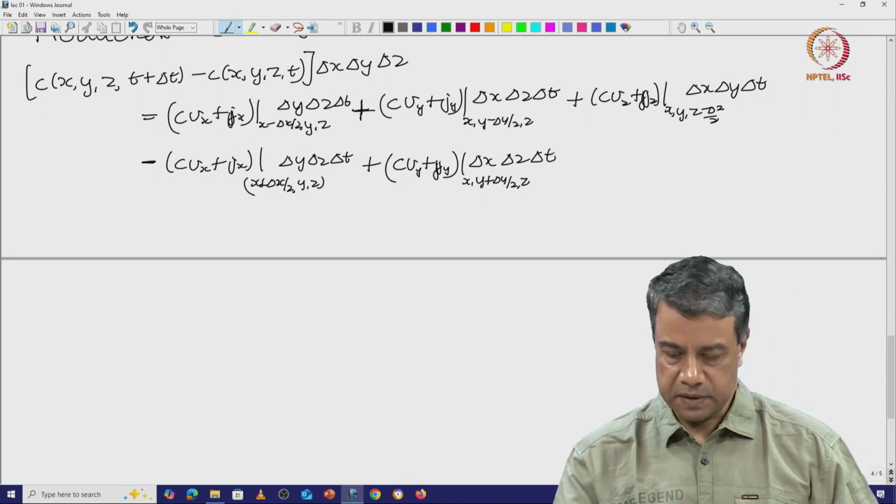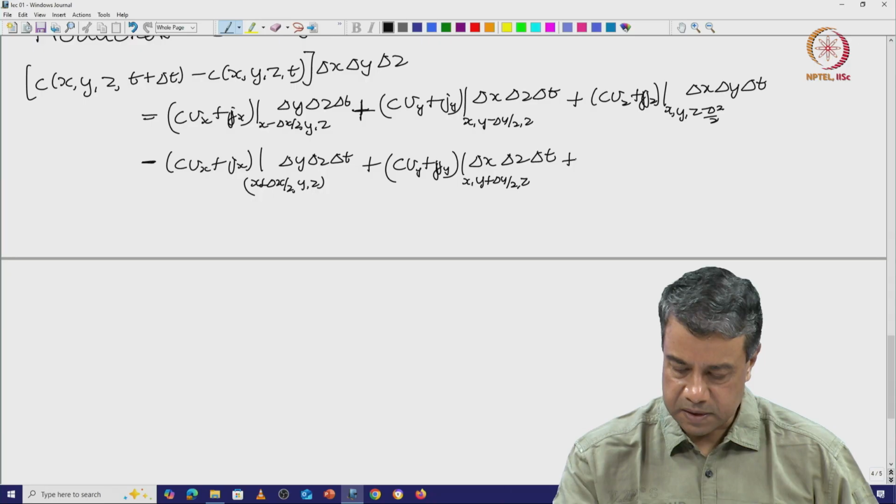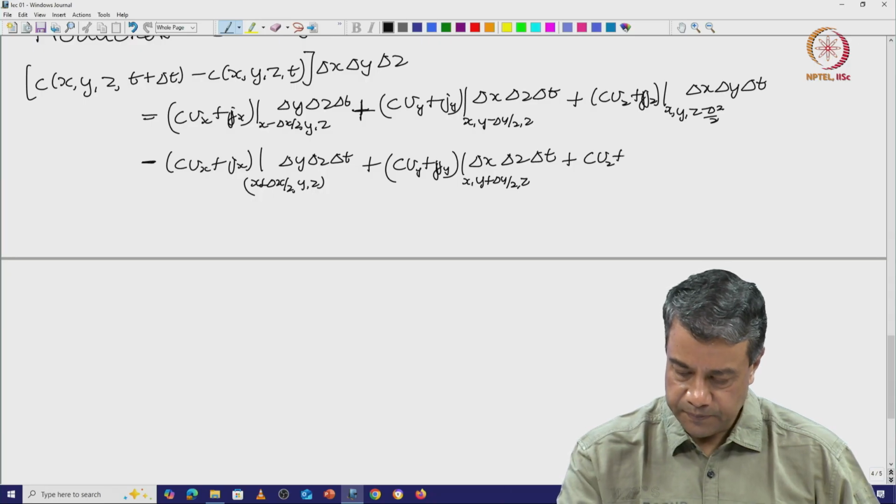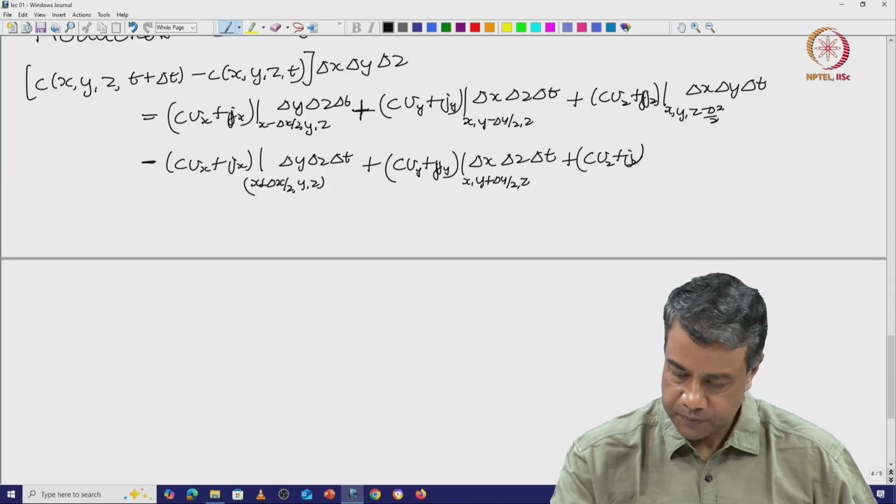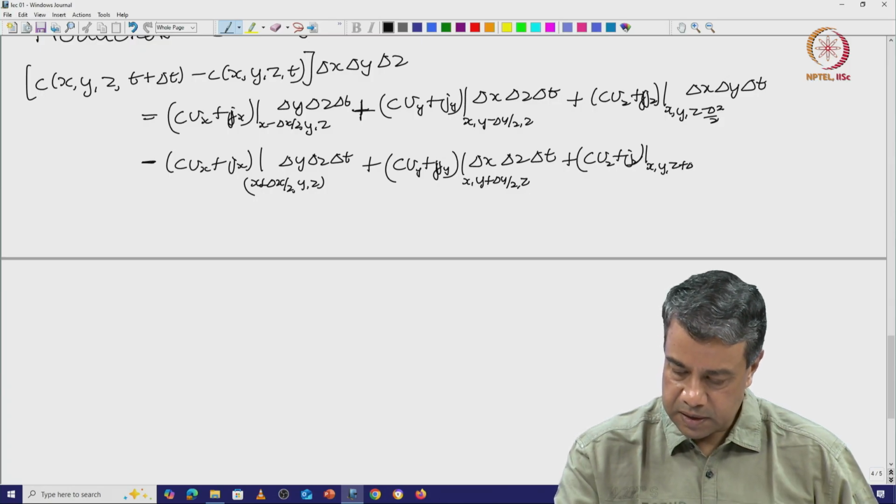This is the right surface, plus the top surface at x, y, z plus delta z by 2.